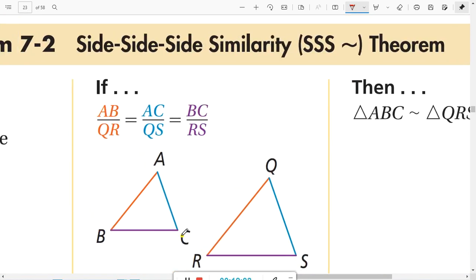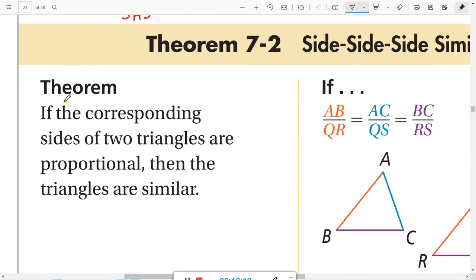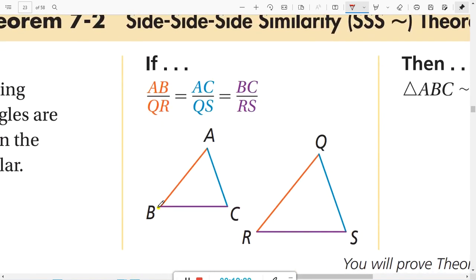Okay, and the final method for similarity, Theorem 7.2, side, side, side, or SSS theorem. If the corresponding sides of two triangles are proportional, then the triangles are similar. Okay, so basically, for this triangle here, they put each side in the numerator.